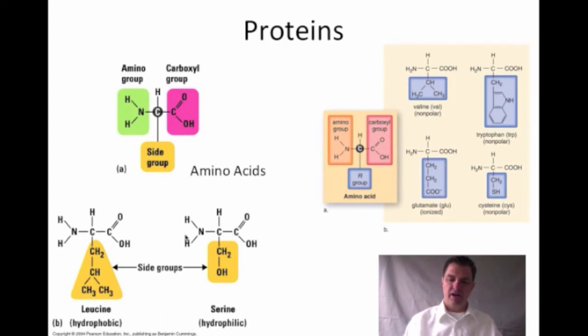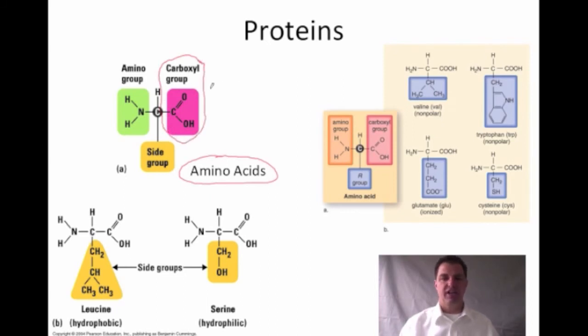The next group are proteins, and proteins are made up of small subunits called amino acids. So you probably heard of amino acids before, and amino acids are called amino acids because they have first this thing called a carboxylic group, which is often associated with something being acidic, and the carboxylic group has a carbon with a double bonded oxygen, and then it also has this oxygen with a hydrogen like that.